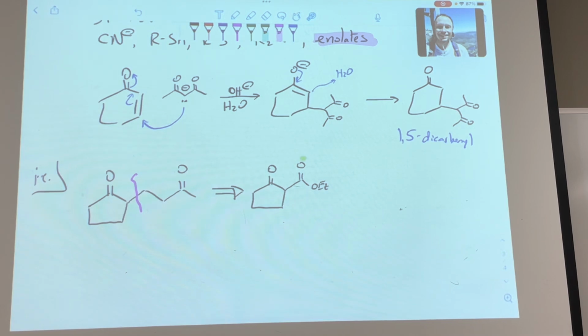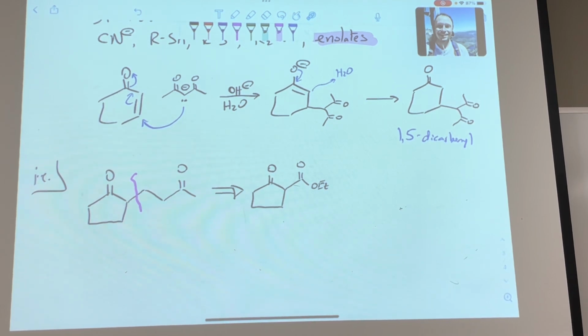If you think about doing this in the forward sense, you could potentially, in the end, do that acidic ester hydrolysis, converting this to a carboxylic acid, which could then decarboxylate. So this could be the Michael donor that reacted to ultimately give you this type of compound. We would need to choose the appropriate Michael acceptor.